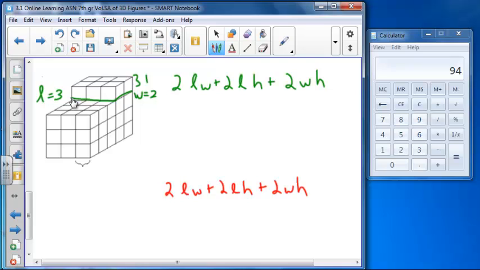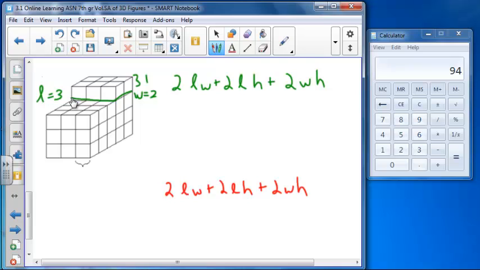But before we substitute into the formula, one of the measurements is not necessary, as the shapes are stacked on top of each other.